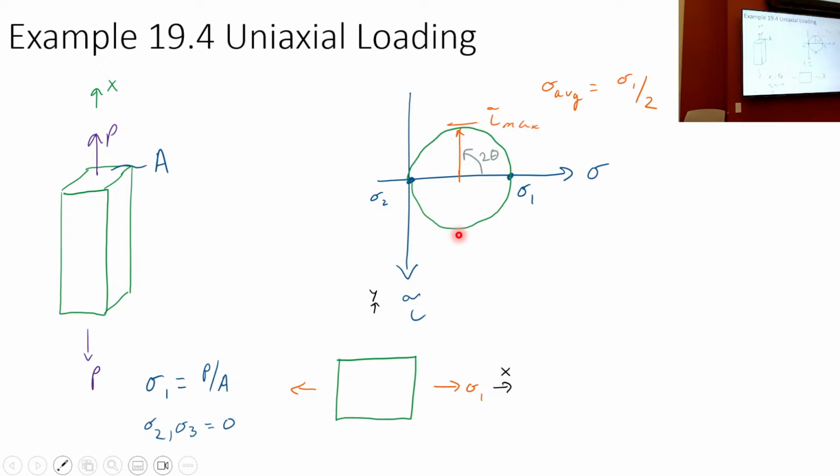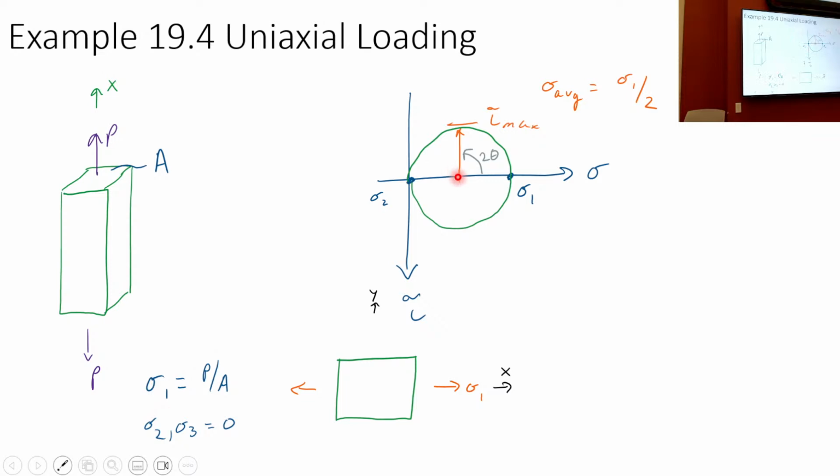Well, what's the radius of this circle? Tau max. Good. Okay, so tau max is the radius. And what is this point right here? That's sigma 1. It's just the stress, P over A. Right?